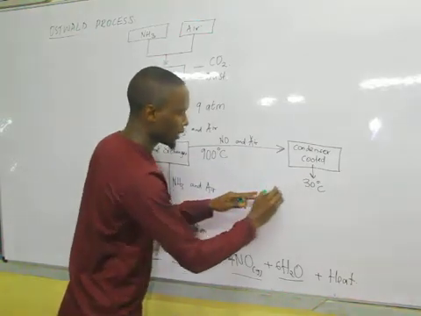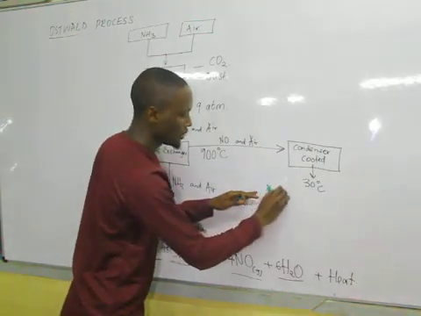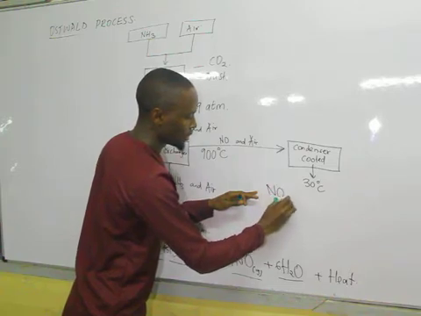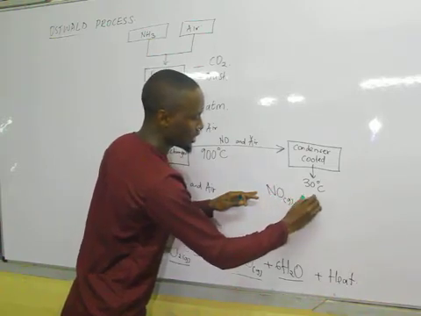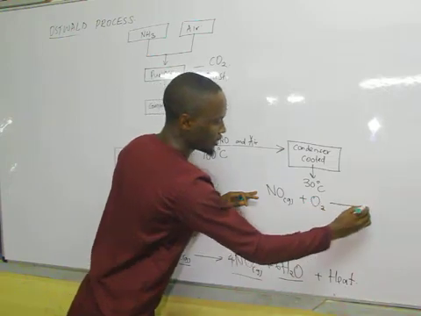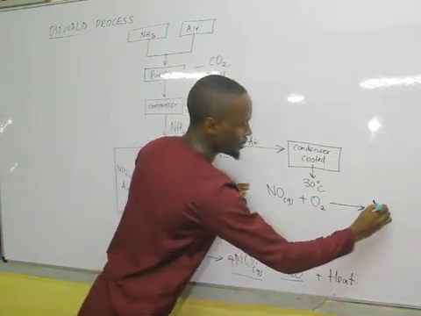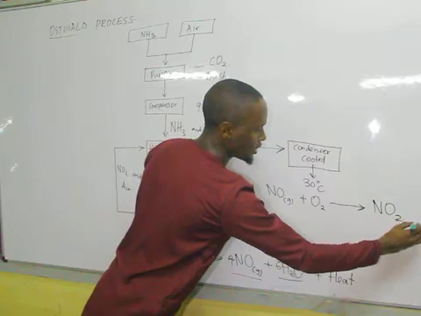Therefore, the equation in the condenser is nitrogen 2 oxide gas reacts with oxygen gas to form nitrogen 4 oxide gas.